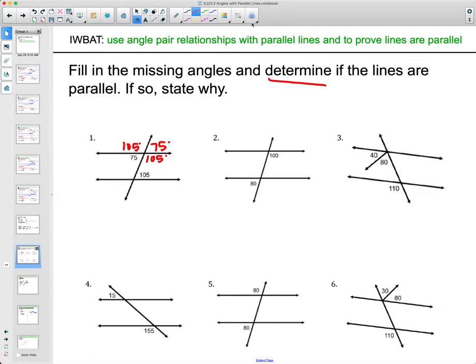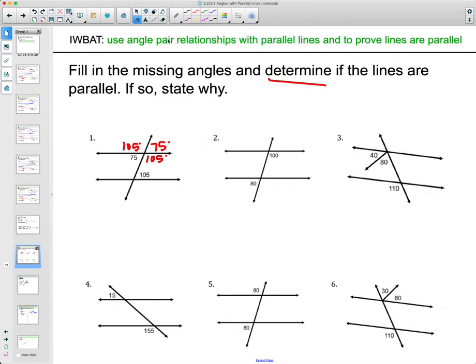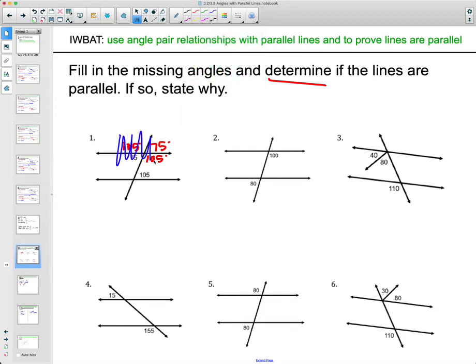Then we'll go to this bottom set and fill in from this one. Again, we'll ignore the top. We're not looking at the top to fill this in because these aren't parallel lines. So vertical angles, we get 105. Linear pair, right next to it, you get 75. And across from that, vertical.